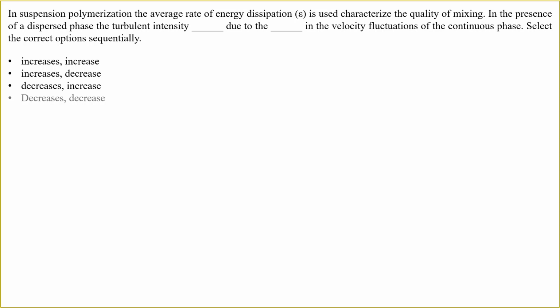So in suspension polymerization, the average rate of energy dissipation is used to characterize the quality of mixing. Now, why do we need to do that? That's because mixing phenomena can control the particle size density. If you are able to control the particle size density through the average rate of energy dissipation, that will be very helpful in maintaining and controlling the molecular weight throughout the polymerization system.